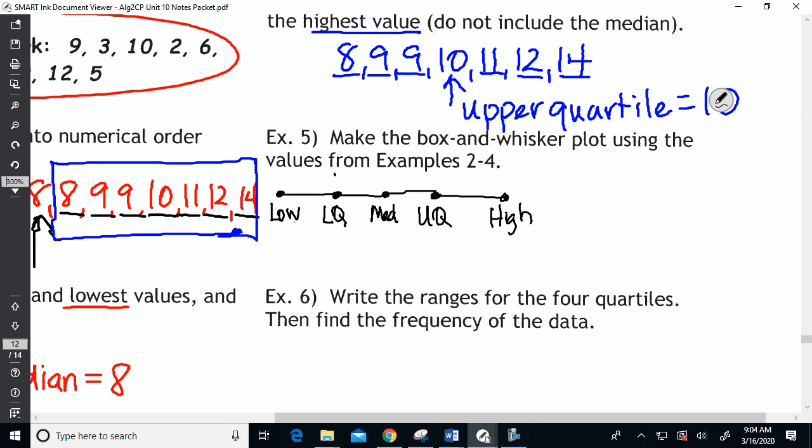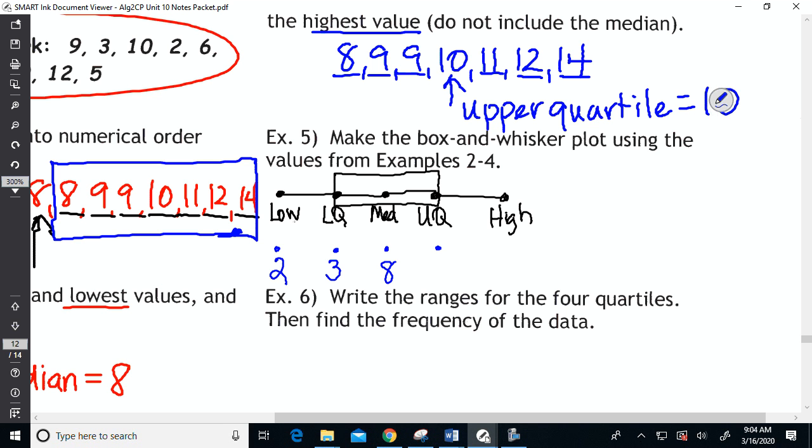And then the box goes on the lower quartile, the median, and the upper quartile. Hence why they call it a box and whisker plot. The whiskers are the low and high values. The box includes the other numbers. So for this data, our lowest number was 2. Our lower quartile was 3. Our median was 8.